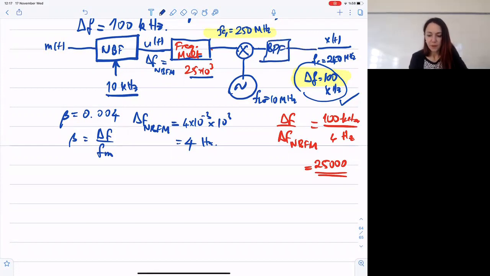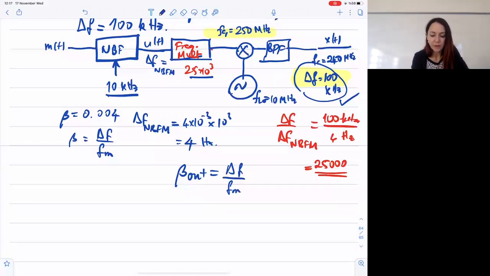Okay. What is the beta at the output? What do you do to compute it? Delta F over FM again, right?